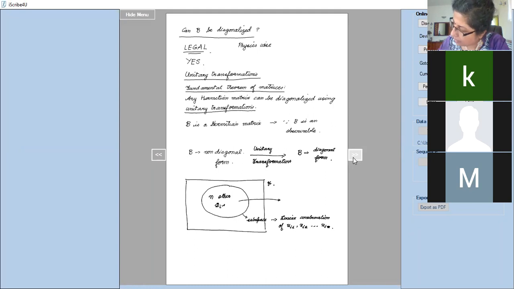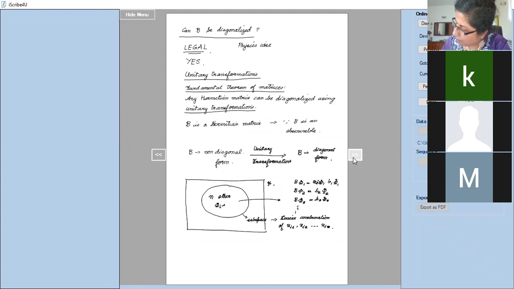Such that B phi 1 is equal to b1 phi 1. B phi 2 is equal to b2 phi 2. B phi 3 is equal to b3 phi 3.